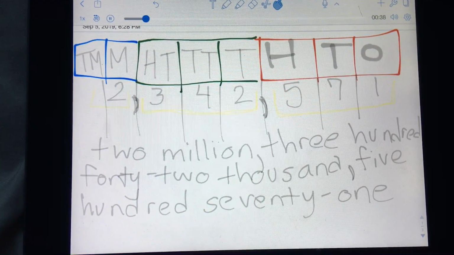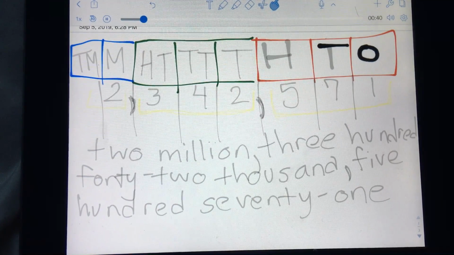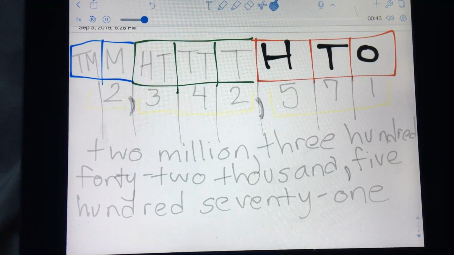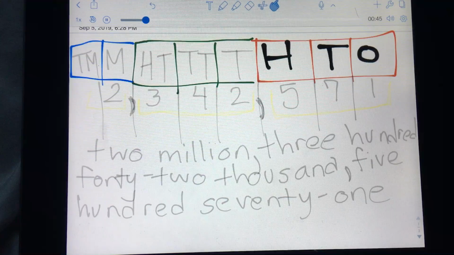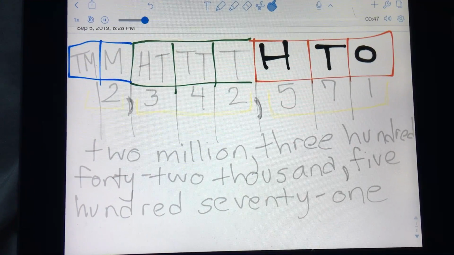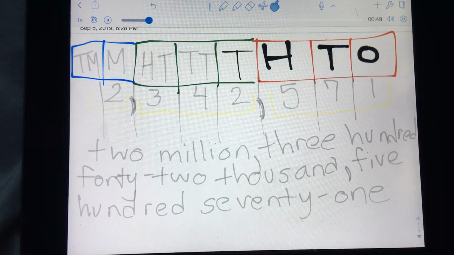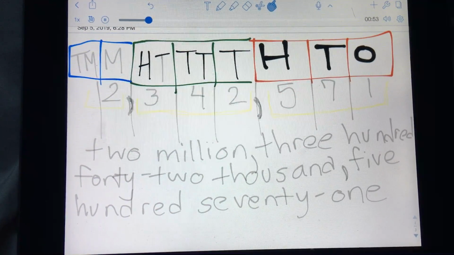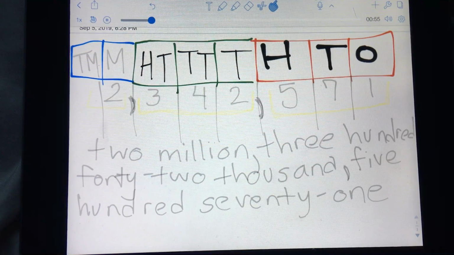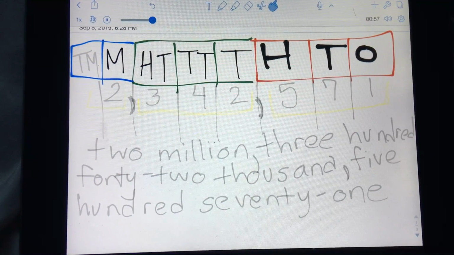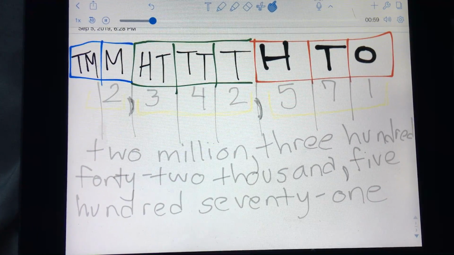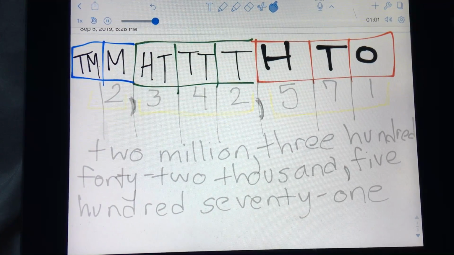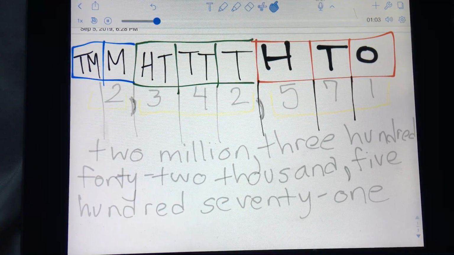So let's go with the pattern: ones, tens, hundreds. And then we get thousands, 10,000s, 100,000s, and once more the pattern: million, 10 million. All right, and we'll extend this down just a little bit.